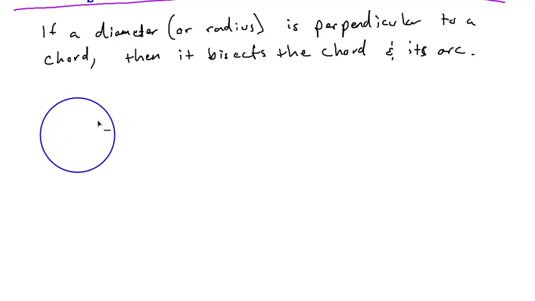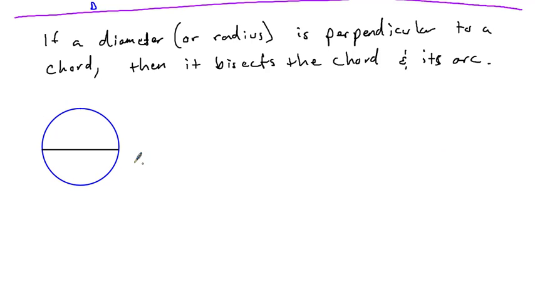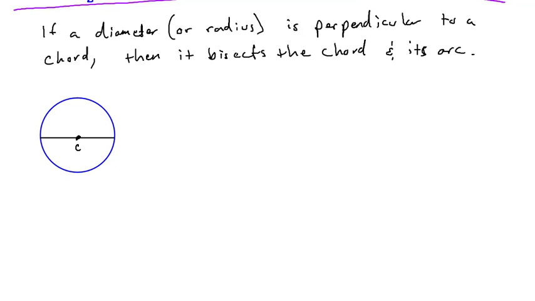So here we have our circle, and our little fact said that if a diameter, so we're going to add in a diameter. So this will be circle C. It says if a diameter is perpendicular to a chord, so we need to add in a chord.